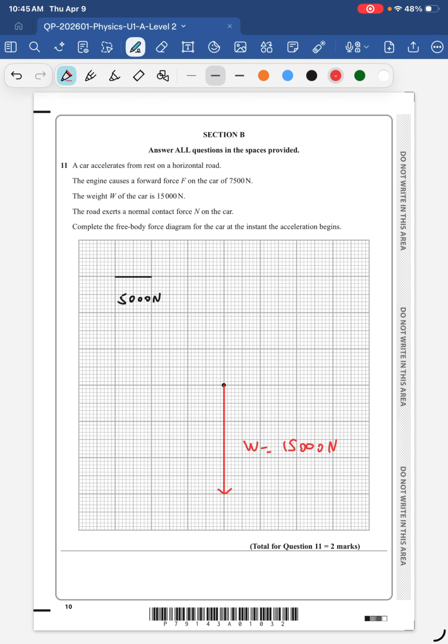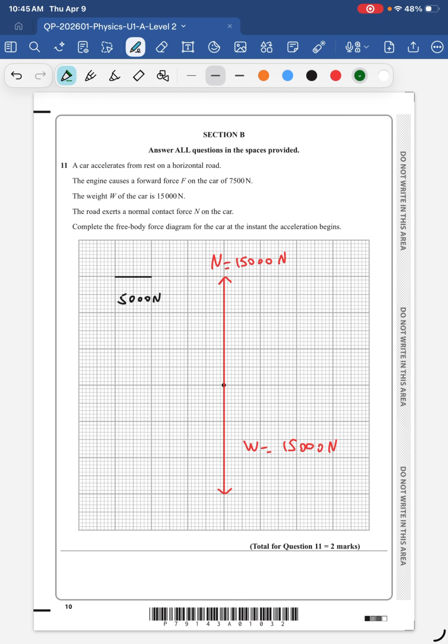And you see that we do need to use scale. And then since the car is not moving up and down, I mean, it's not going to fly, it's not going to take off, hopefully, then the normal force is going to point up, and it's going to be equal to the weight. So that's the normal force, also 15,000 newtons. And then the driving force from the engine, let's use green, is going to be 7,500 newtons.